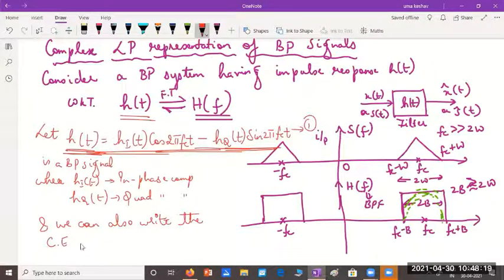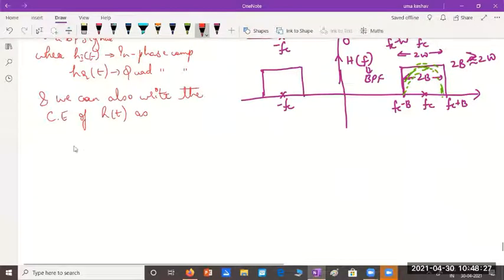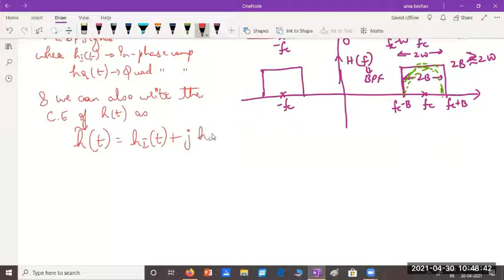We can write the complex envelope of h of t as, let me say, h tilde of t. The complex envelope is represented as h tilde of t, which can be written as the in-phase component as the real part and j times the quadrature phase component as the imaginary part.